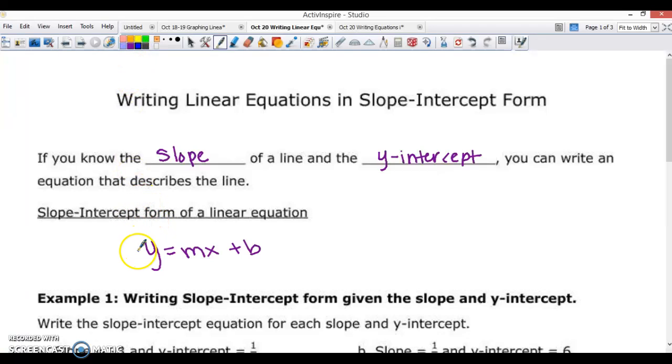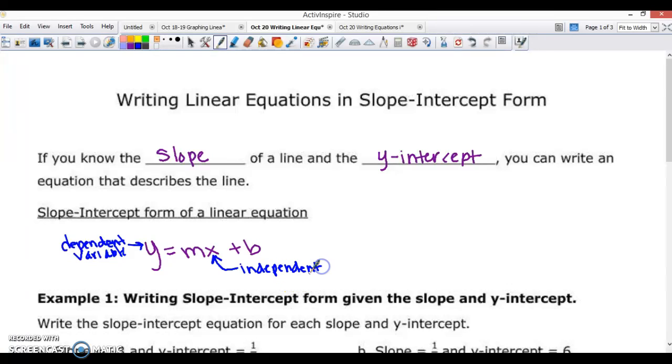Where your y, let's just go over a few vocab words that we've covered this past year. Y is your dependent variable, and it depends on your x value, because we know for every input there is a specific and designated output.